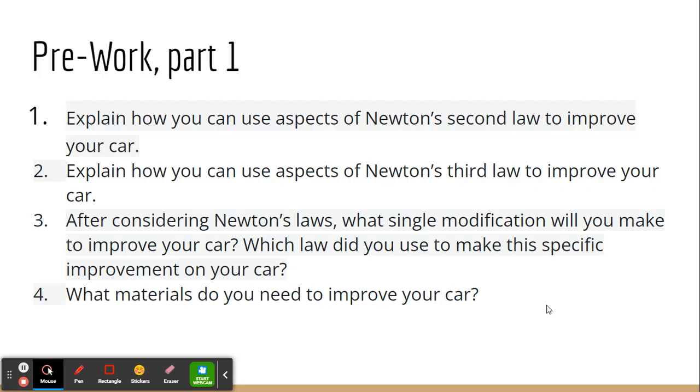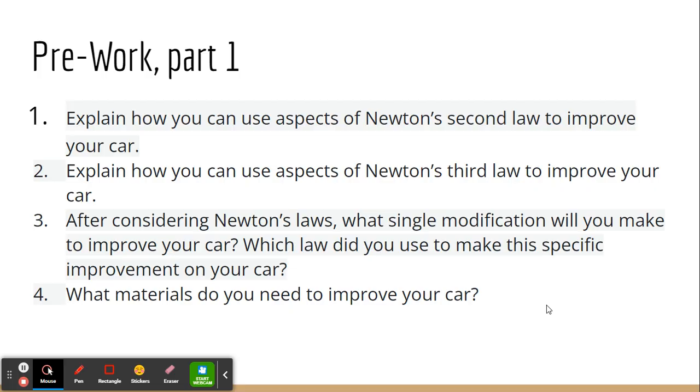Number one, explain how you can use aspects of Newton's second law to improve your car. Number two, explain how you can use aspects of Newton's third law to improve your car. Number three, after considering Newton's laws, what single modification will you make to improve your car? And which law did you use to make this specific improvement on your car?